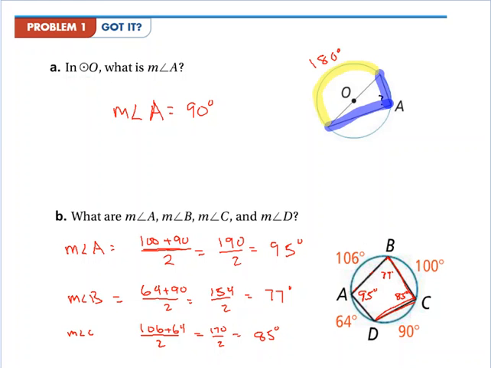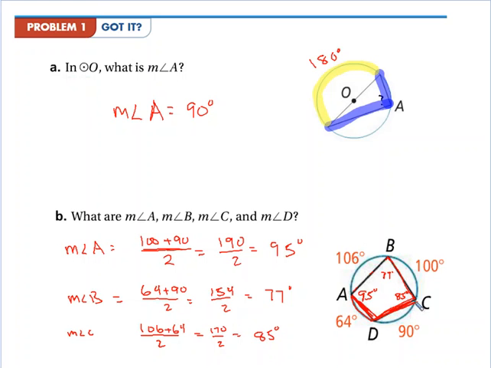Now, I know a couple ways to get the last one. One way would be to remember that we found for any quadrilateral, the total number of degrees is 360. And since we now know 3 of them, we could just take 360 minus 95 minus 77 and minus 85 and arrive at the last one. Or if we want to keep going with the same method as the other 3, angle D opens this way.